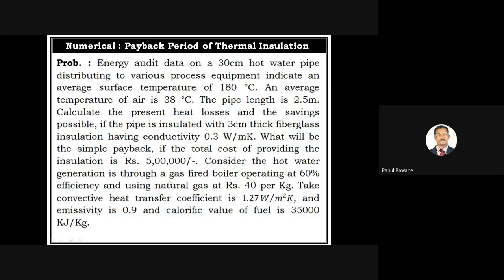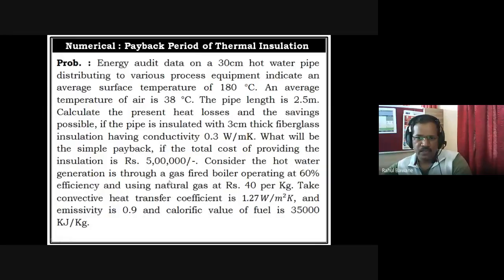That means out of 10 kg of gas, 6 kg of gas burning gives heat for my system, and the remaining 4 kg of gas burning is directly wasted because of the boiler system.